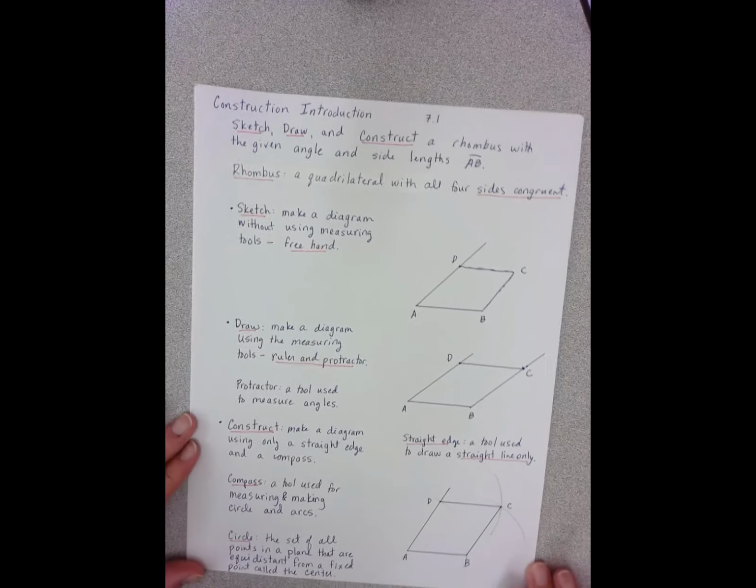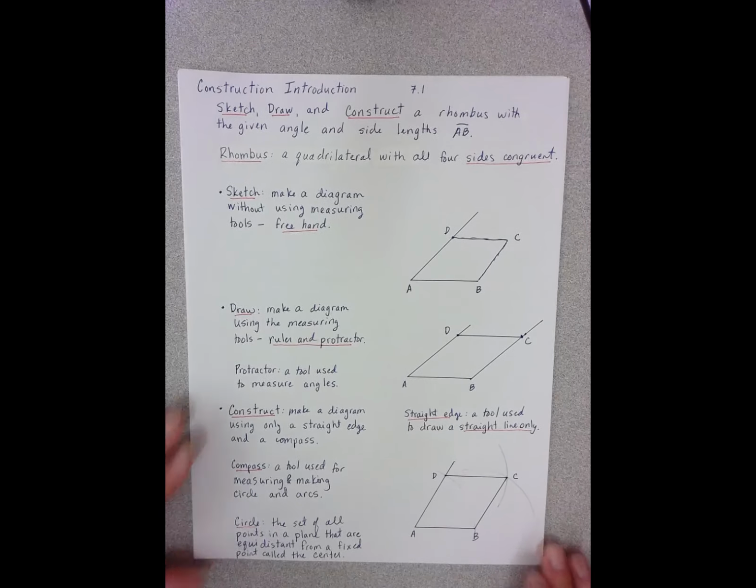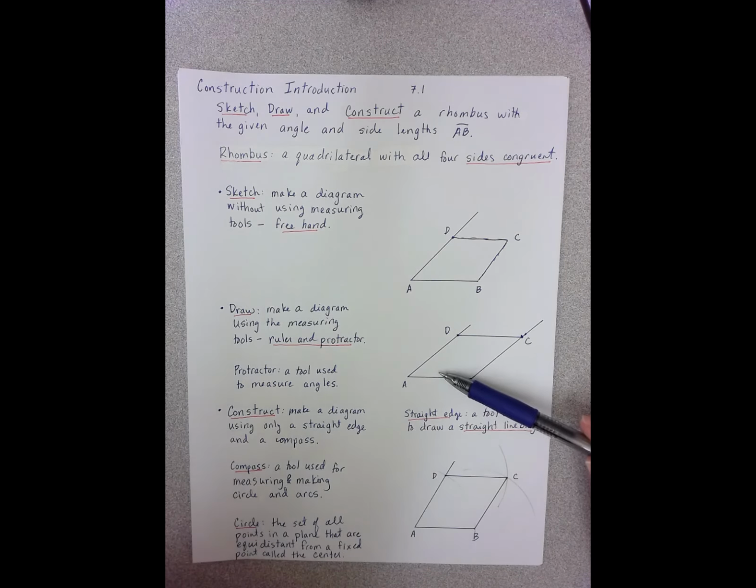So we have 3 different ways to create the diagram of a rhombus. We have our freehand, which is where I'm just sketching, using my pen and just sort of estimating. We have the drawing method, where I measured some angles and some lengths. But again, my measuring was not precise. It was about a 40-degree angle. It was about 1.5 inches.